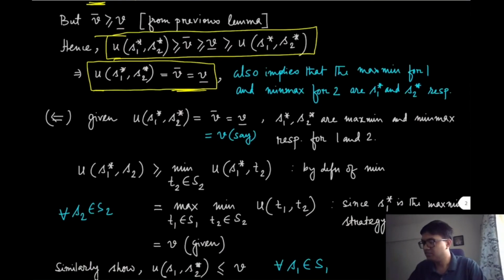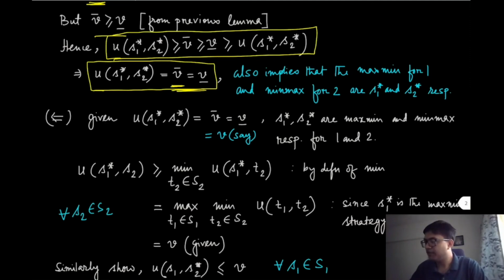Okay, so that implication of max-min value is just coming because of this inequality. Because if you have a utility at a specific S1 star and S2 star which is equal to the max-min and the min-max value, then S1 star S2 star is both the min-max and the max-min strategy.